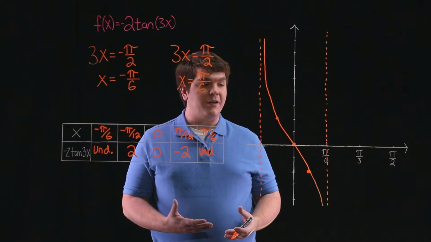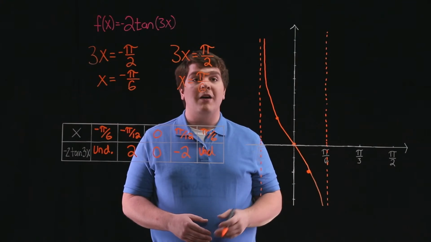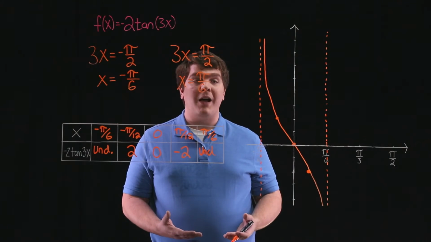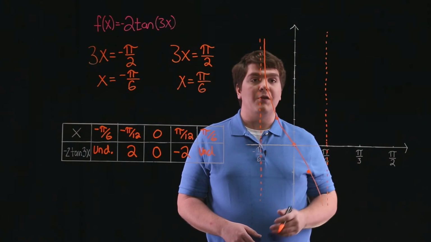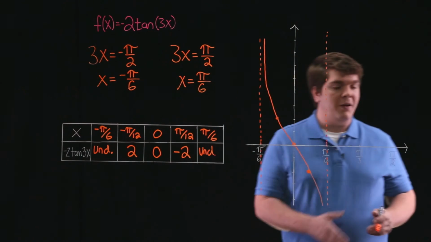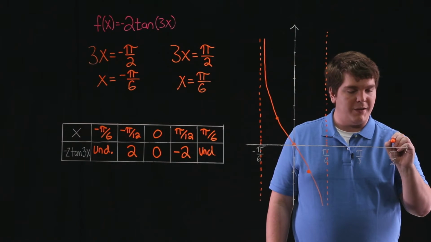Since we're asked to sketch 2 periods, we know that our period goes from -pi/6 to pi/6, or that our period is pi/3. So if we continue from pi/6, another pi/3 units will be at pi/2, and there will be another vertical asymptote through x equals pi divided by 2.